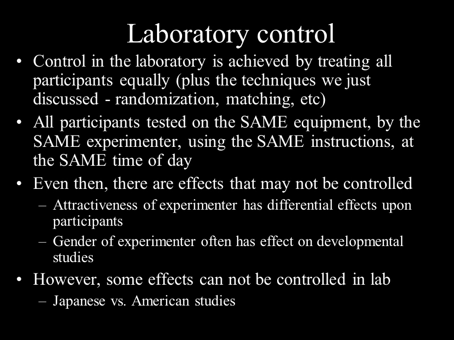A third kind of control is laboratory control. And the idea here is that you do a study in a very constrained situation, for example, in a laboratory, so that you make the setting equal for all people that participate in your study. Now, this is important because participants are tested on the same equipment, by the same experimenter, using the same instructions, maybe at the same time of day.